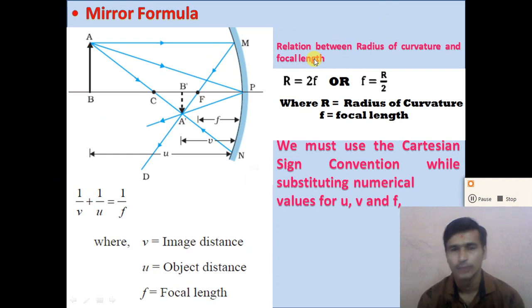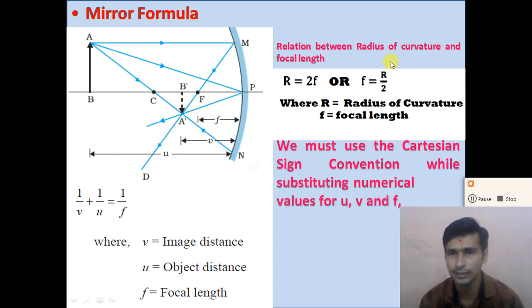Dear student, what do you mean by the radius of curvature? The radius of the imaginary sphere from which the mirror was made is called the radius of curvature, right? And the distance between the principal focus and the pole is called the focal length.